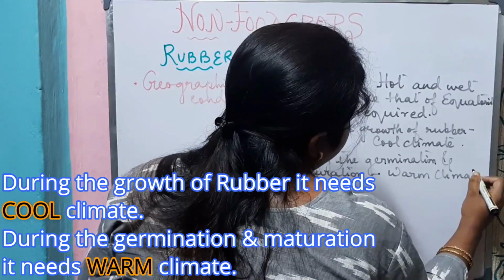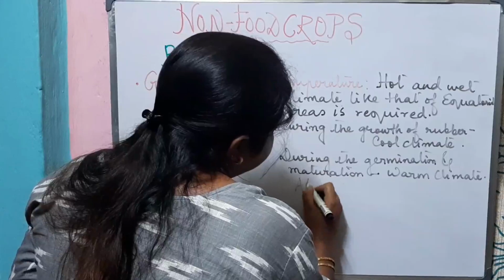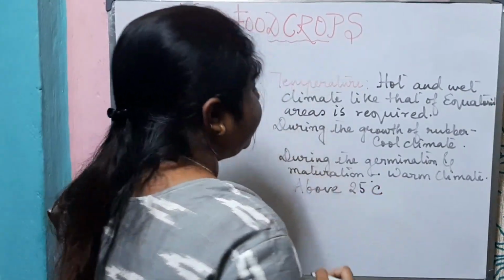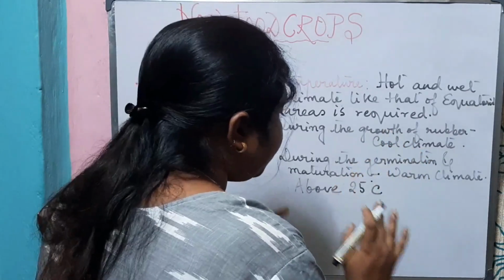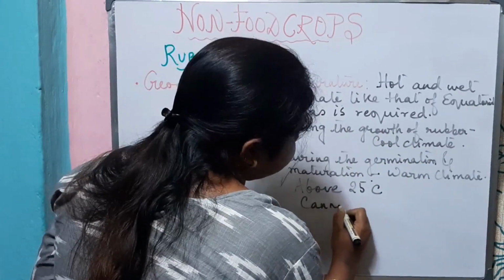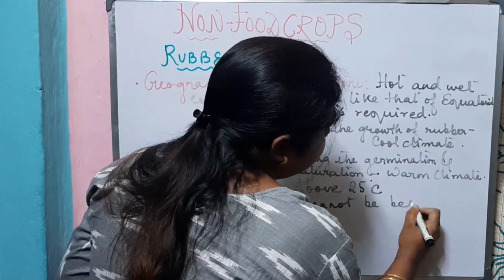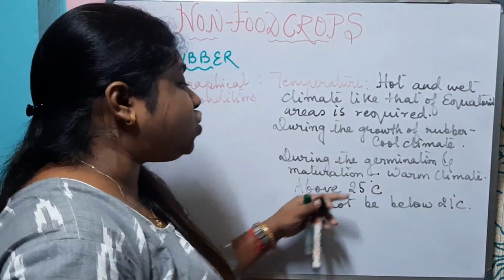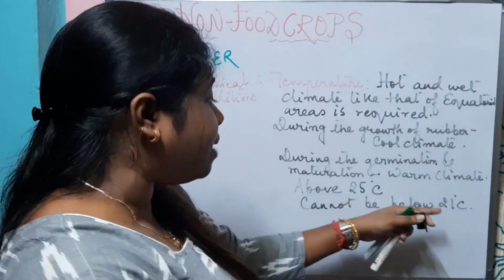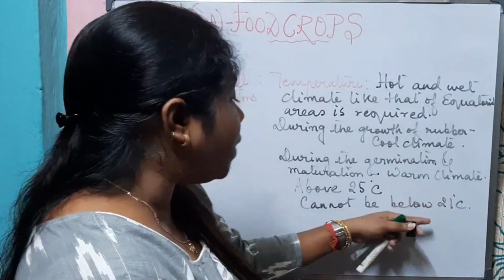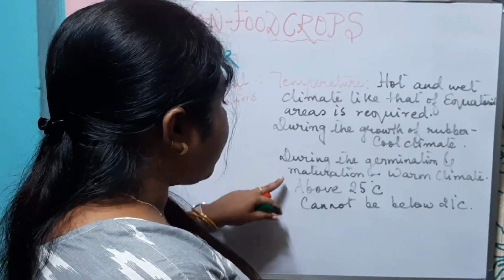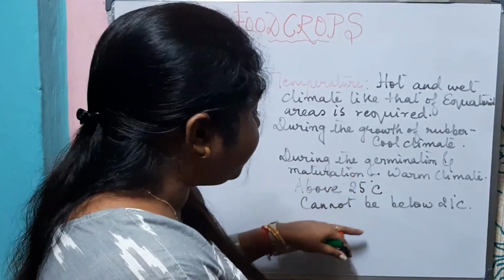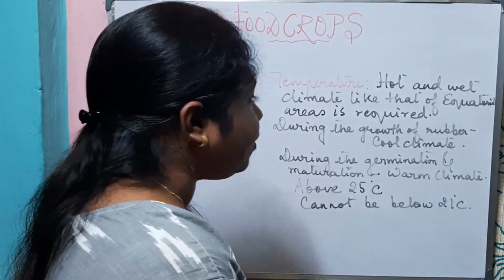Rubber needs a temperature of about 25 degrees Celsius, and the temperature cannot be below 21 degrees Celsius. It is dangerous for rubber if the temperature falls below 21 degrees Celsius.